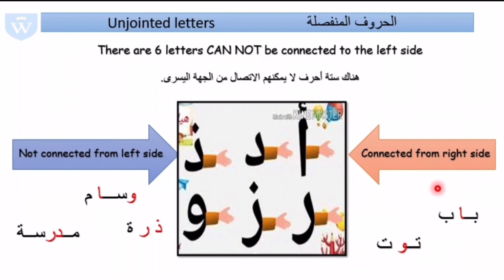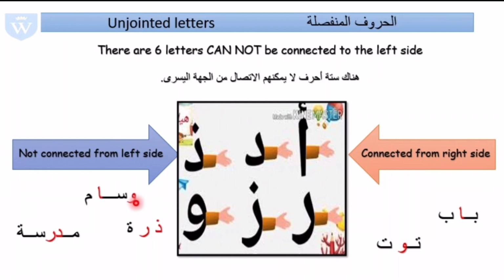For example here, if we read the word bab, there is the letter alif and it's one of the unjointed letters, so that's why I leave a space here. Same in the word toot, because waw is one of the unjointed letters, so I connect it from the right side, then I leave a space, then I write the letter.